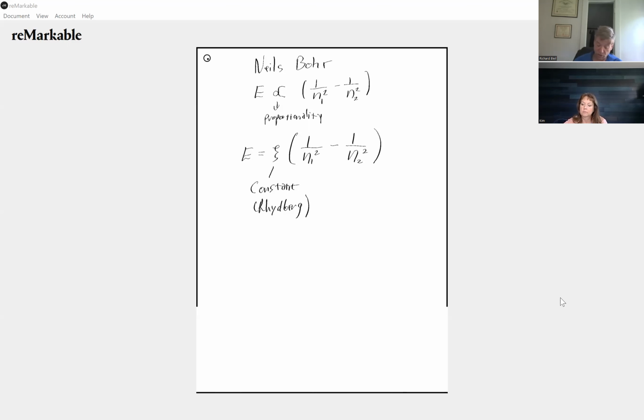Where N1 and N2 are integers, starting at 1. There's some kind of an integer: 1, 2, 3, 4, 5, 6, 7, and so on. So you can actually match the exact energy by figuring out what those integers are.